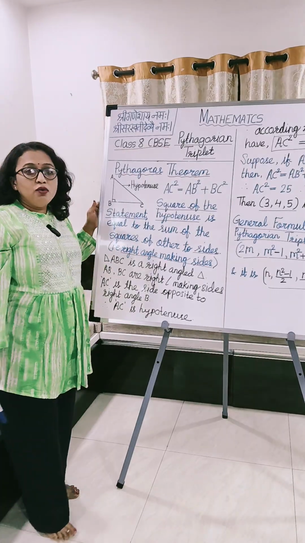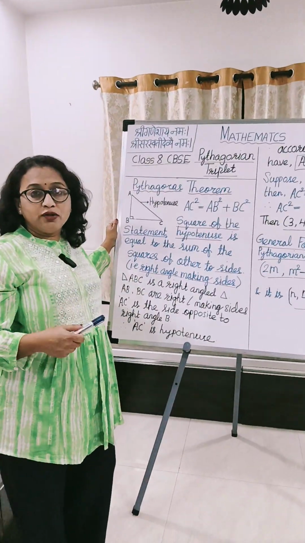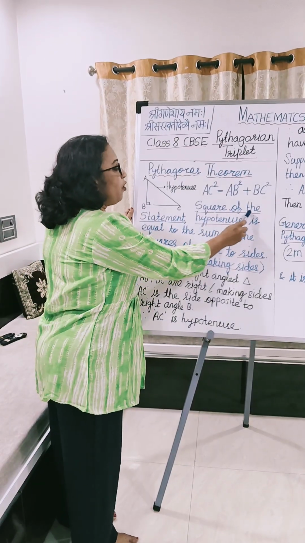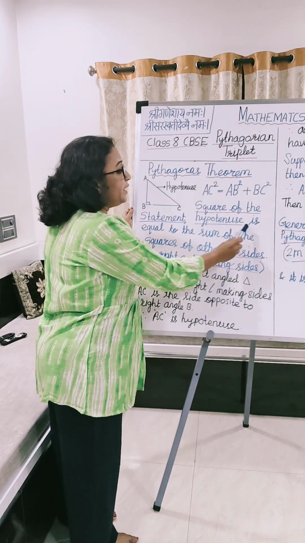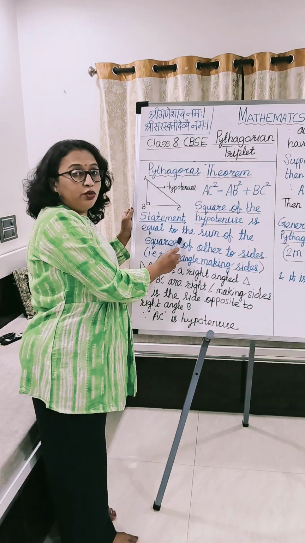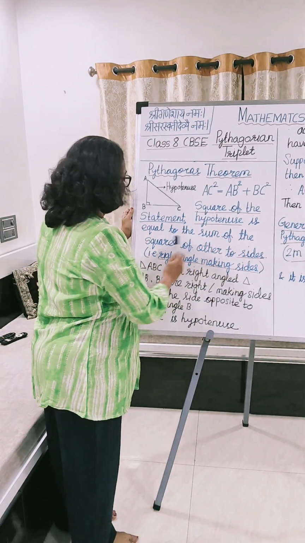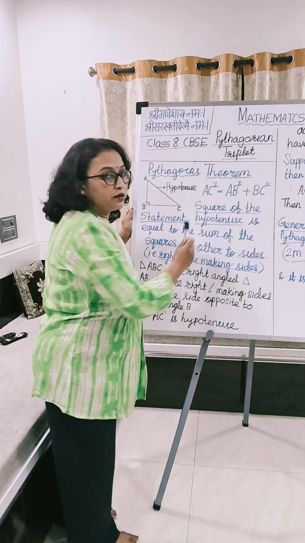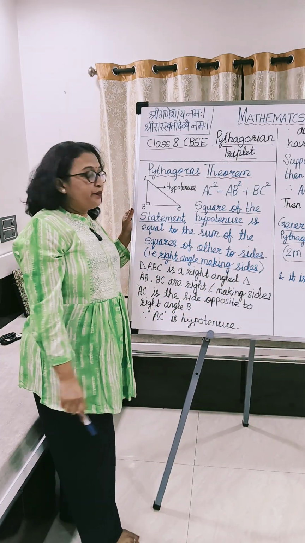Now what does the theorem of Pythagoras say? It says the square of the hypotenuse is equal to the sum of the squares of the other two sides. What does it mean?